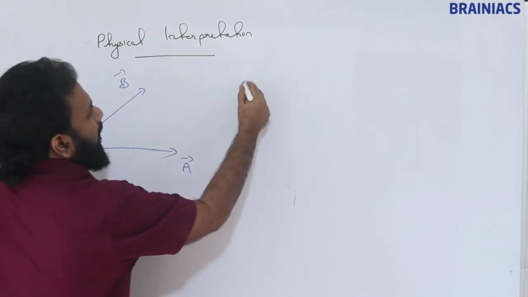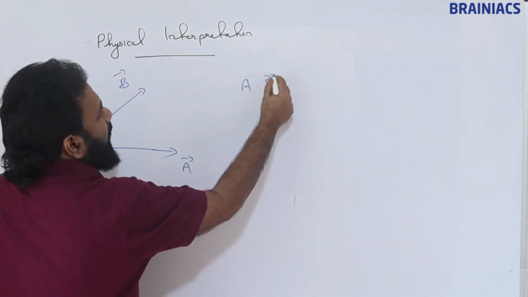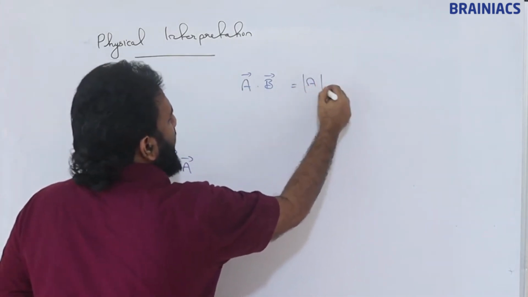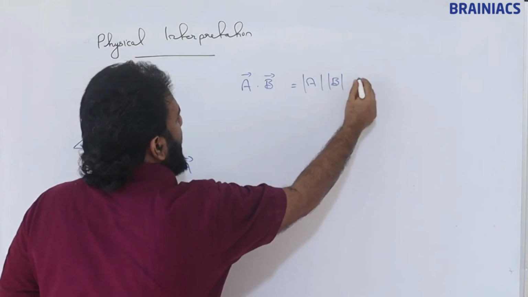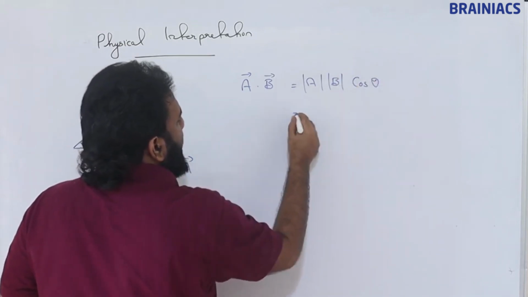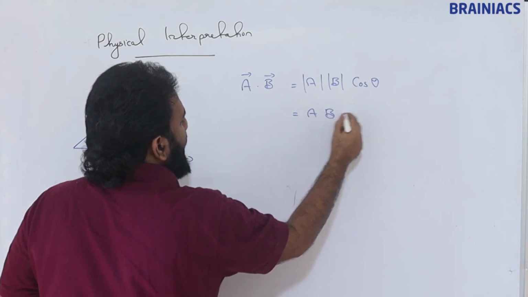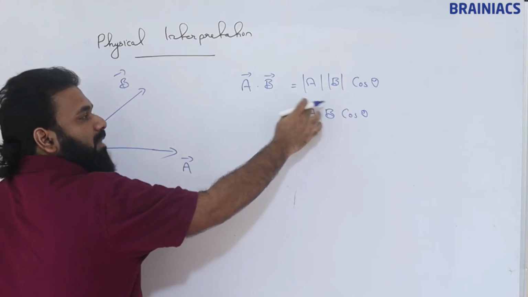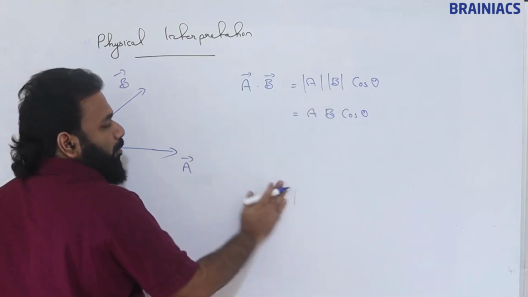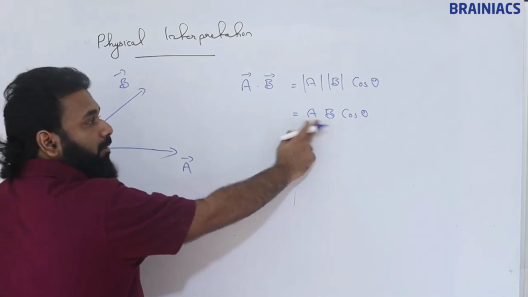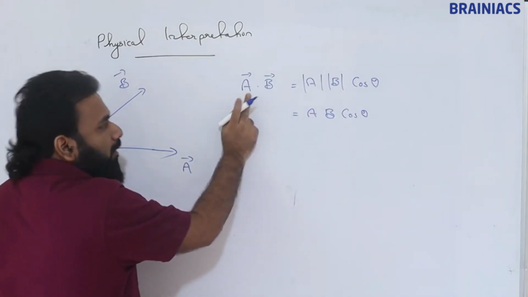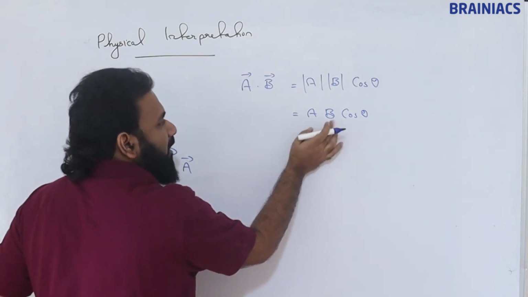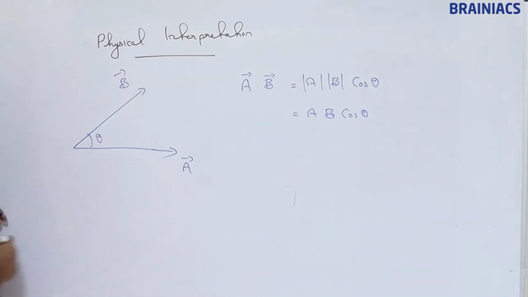We know vector A dot vector B is the magnitude of vector A times the magnitude of vector B times cos theta, or AB cos theta. Here A without an arrow on top is just the magnitude, and B is also just a magnitude. If we put an arrow, it is a vector. If we simply write A or B, they are just magnitudes, or values.